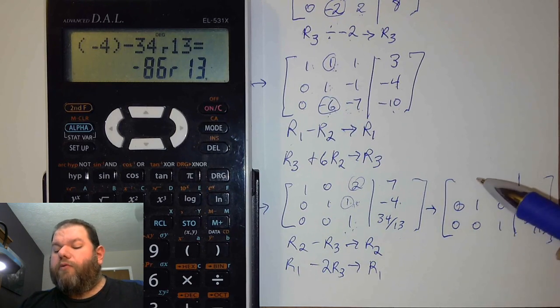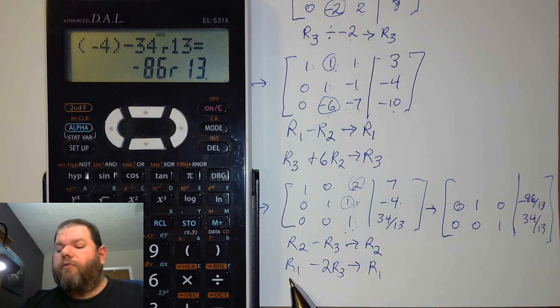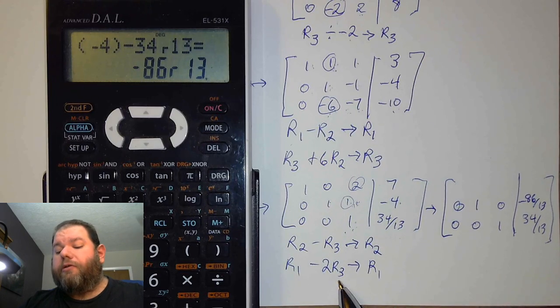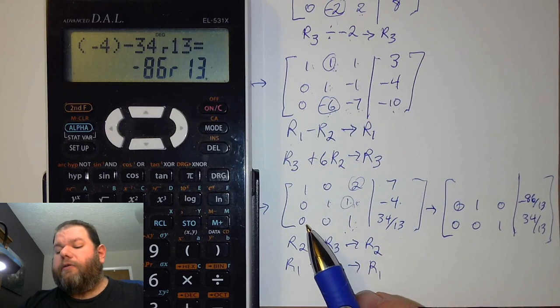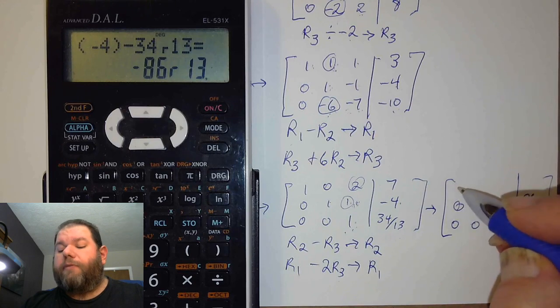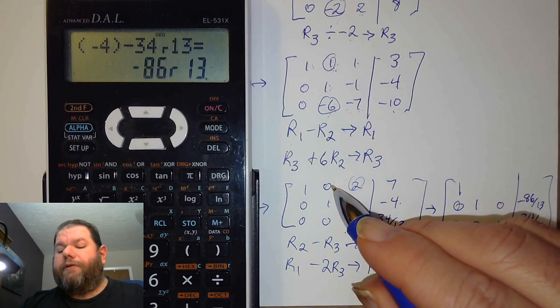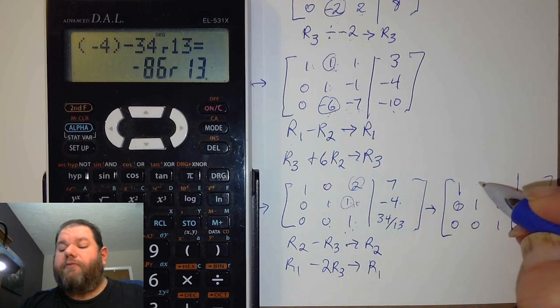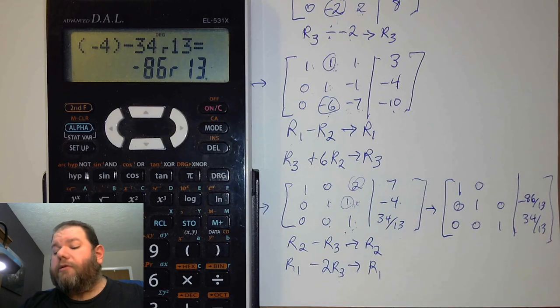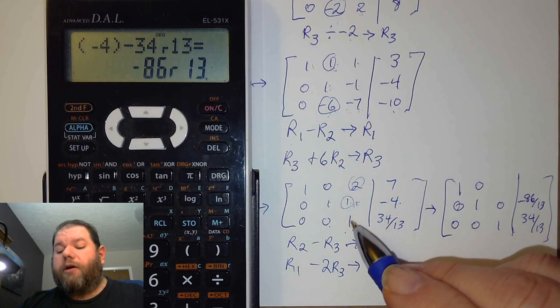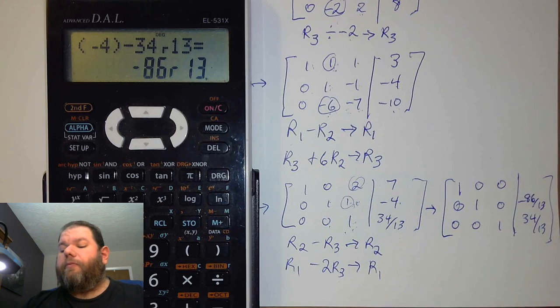And with row 1, we want row 1 minus 2 times row 3. So 1 minus 2 times 0. 1 minus 0 is 1. 0 minus 2 times 0. 0 minus 0 is 0. And then 2 minus 2 times 1. 2 minus 2, 0.